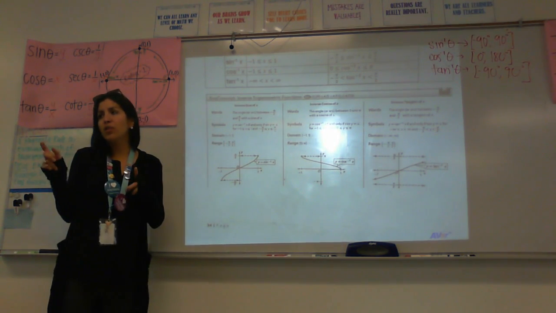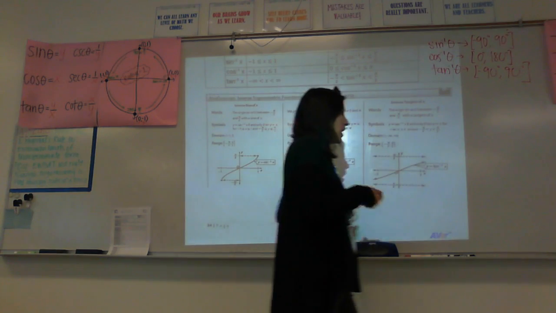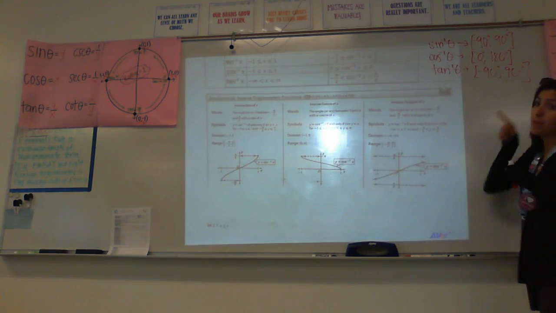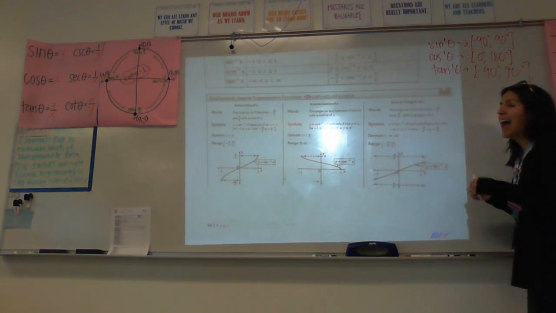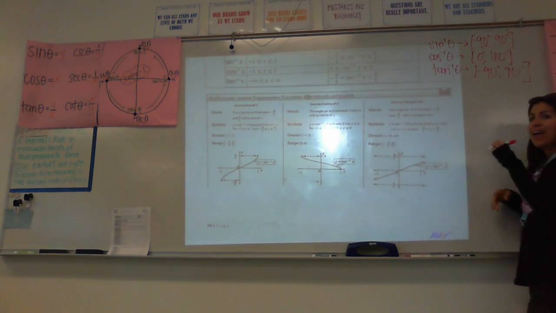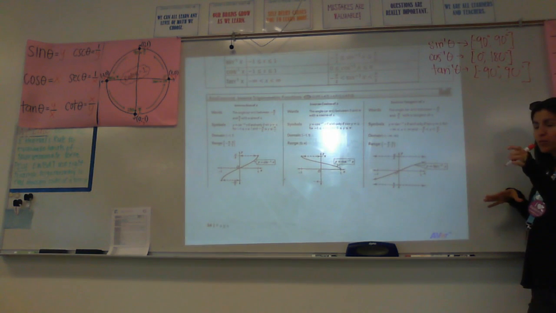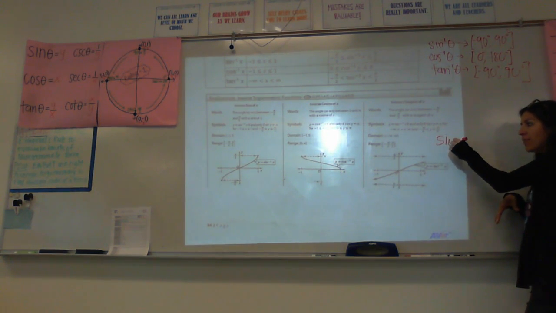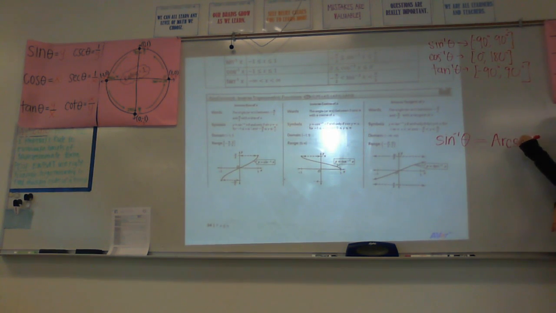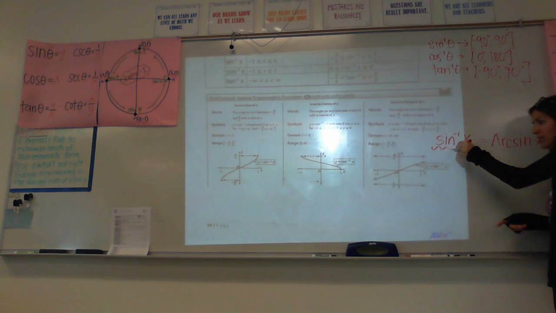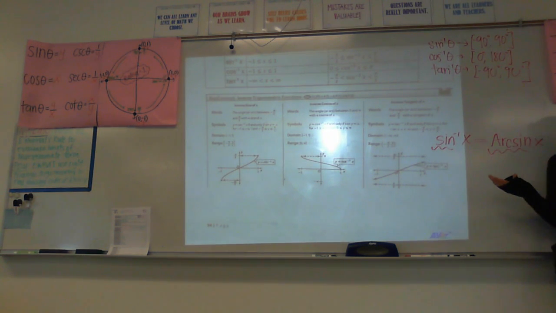Another sort of unfortunate thing is that our inverse trig functions, which I've written up here in one form with that -1 notation, can actually be expressed in a different way too, and you need to have exposure to both. Sine inverse of x means the exact same thing as arc sine of x.